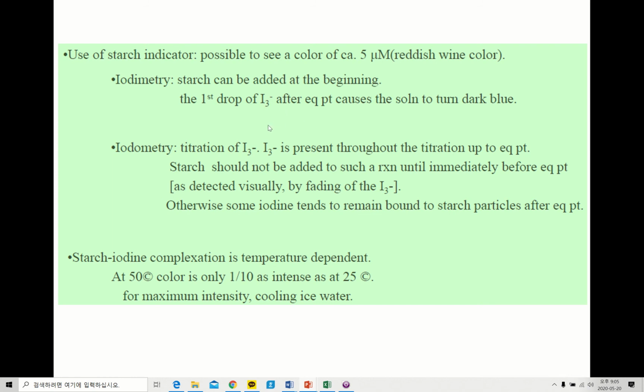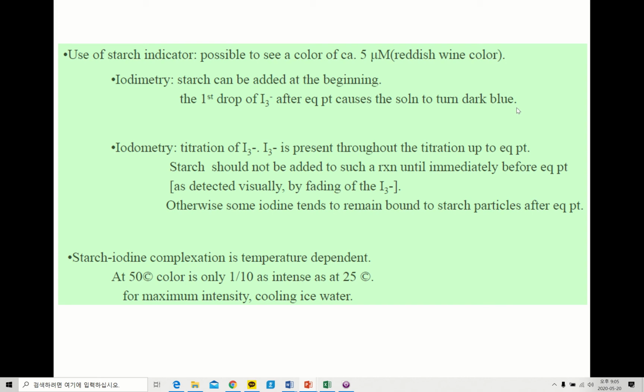Although you add the iodine solution into your analyte, there is no color change, though instantaneously you may see the blue color. Before the equivalence point, iodine is used up by your analyte.